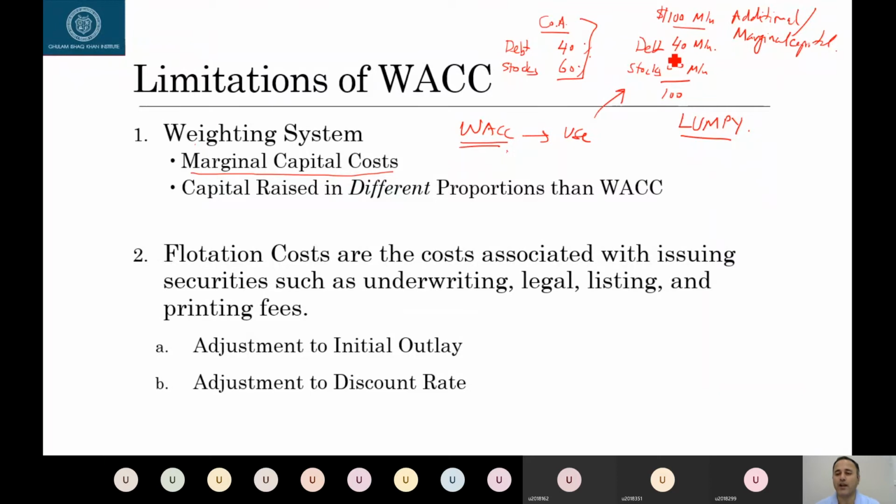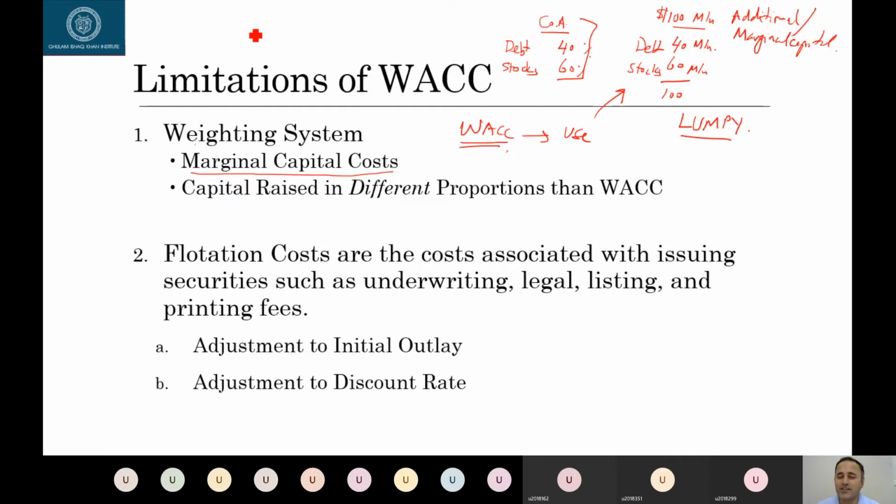They normally go for one, okay? That's why it's called lumpy. But in the long run, what financial managers do, like for example, if they raise all $100 million, let's say from bonds, the next project, let's say again $100 million, they normally issue stocks, okay? Just to keep that proportion intact.